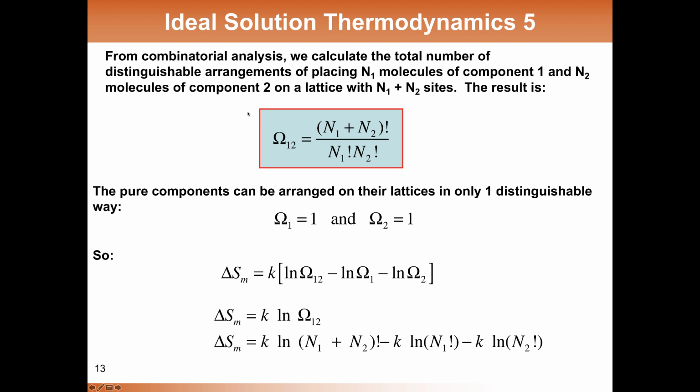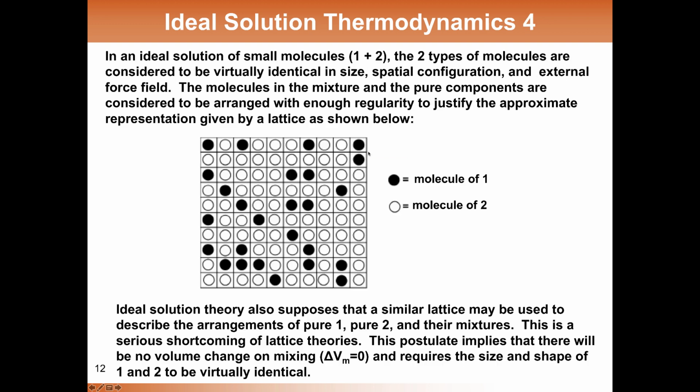From combinatorial analysis, we can calculate the number of distinguishable arrangements of placing N1 molecules of component 1 and N2 molecules of component 2 on a lattice with N1 plus N2 sites. And so we imagine that this is the lattice with N1 plus N2 sites, and at each lattice position there's either a molecule of type 1 or a molecule of type 2.